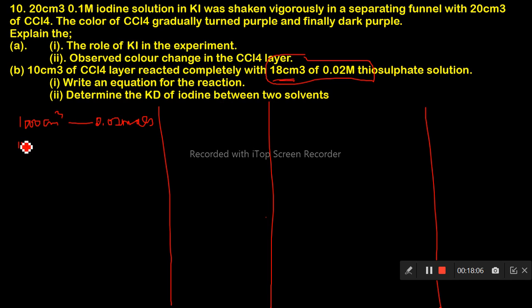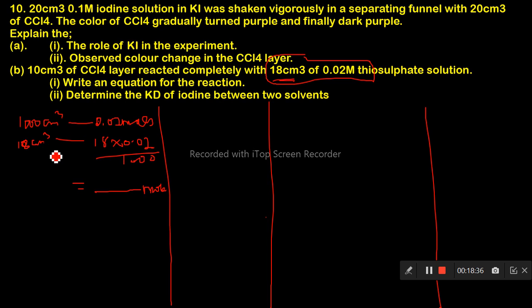Can somebody get that answer for us? 18 centimeters cubed contain 18 times 0.02 out of 1000. So what is the answer here? This is around 0.0036, something of that kind. You will get it, moles.